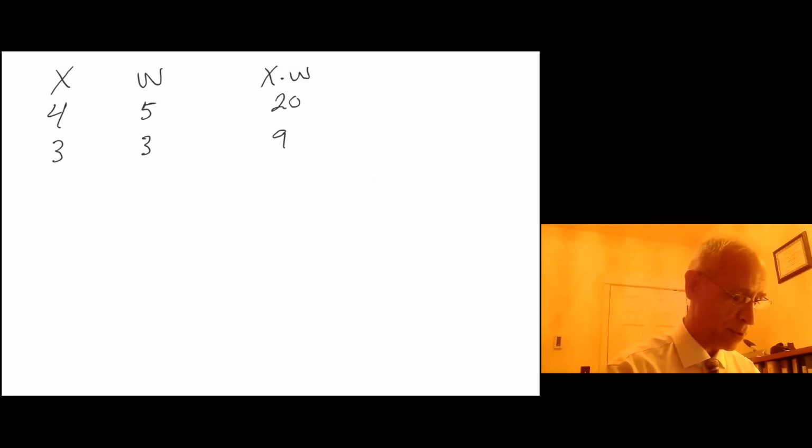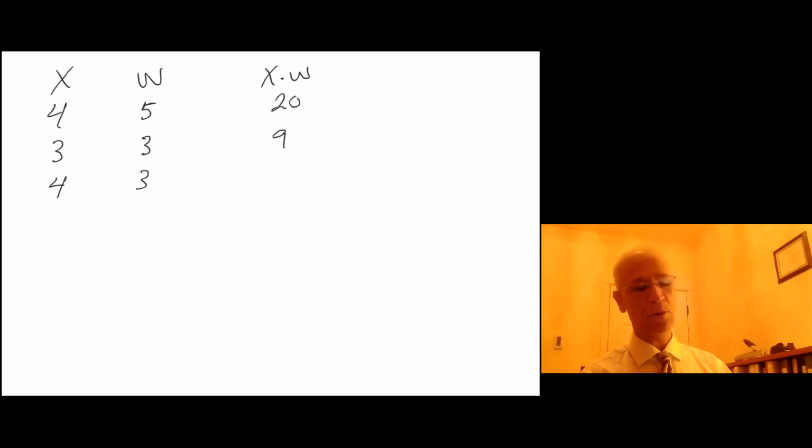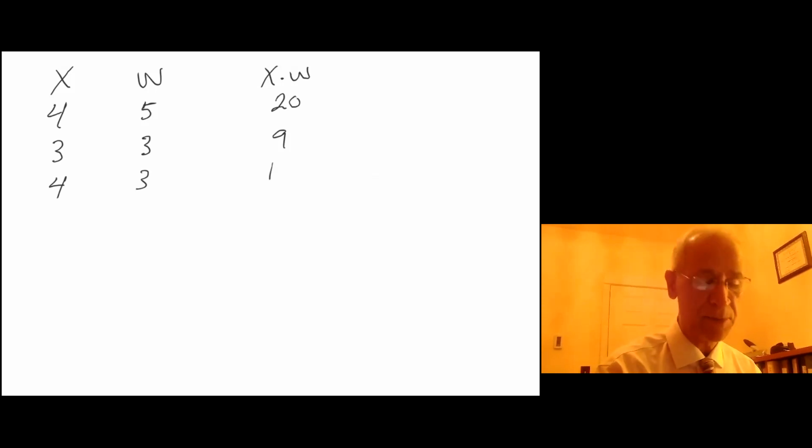The next class, you got a B on a 3-unit course. A B has a GPA of 3. And it was a 3-unit course. 3 times 3 gives me 9. The next class, you got another A in a 3-unit course. So you got an A, which is GPA of 4, in a 3-unit course. 4 times 3 gives me 12.